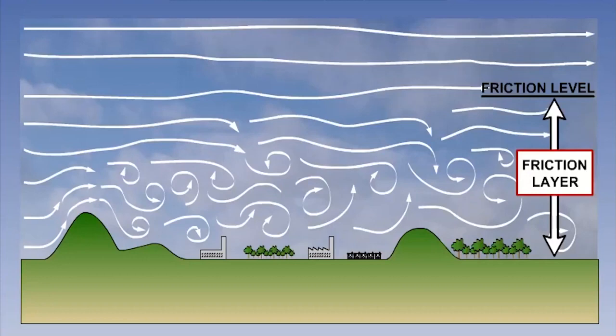This disturbed air near the surface is created in two ways. Mechanically, by objects like trees, hills and buildings, and thermally, through the effect of warm air rising. We call these effects mechanical or thermal turbulence, respectively.